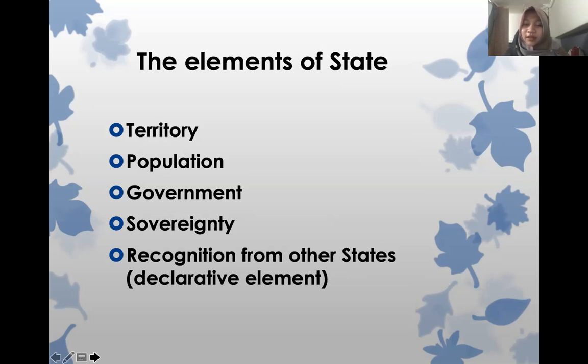I think this is the general knowledge that many people know. A state is called a state if it has territory, population, government, sovereignty, and recognition from other states.